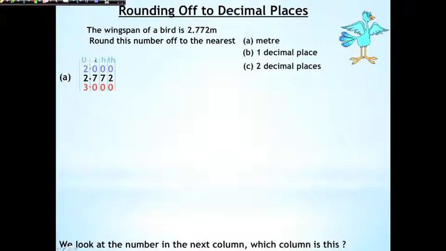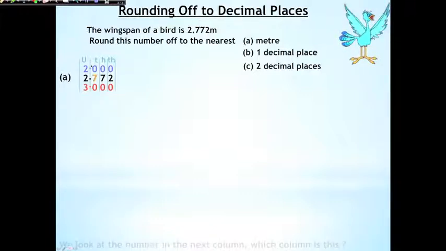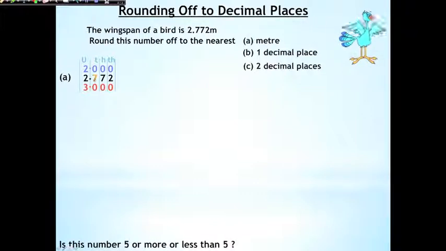In the tenths column, I've got a 7. If it's 5 or more, you're going to round the number up to 3. If it's less than 5, you're going to round it down to 2. So because we've got a 7, it's more than 5, so it's going to round up to 3. So it's approximately 3 metres, correct to the nearest metre.